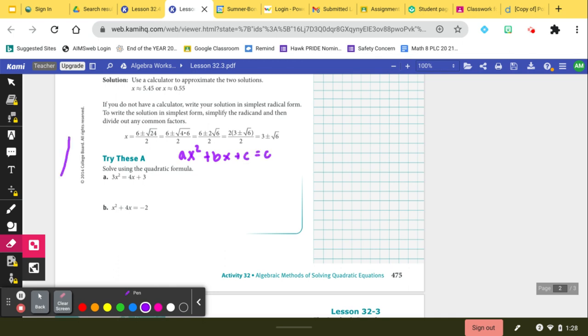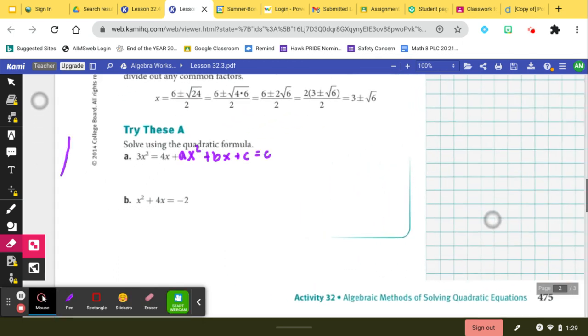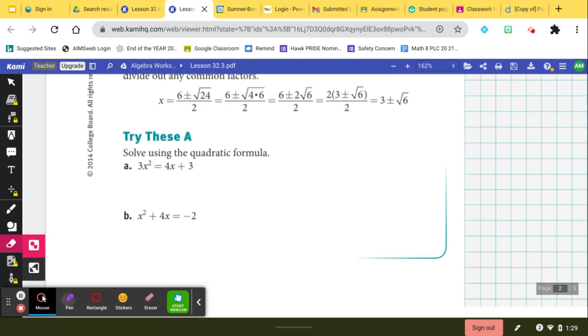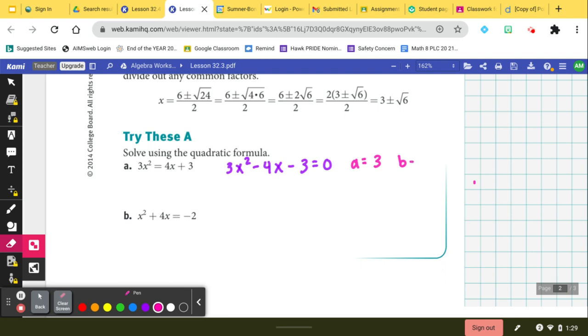So that means we need to move the 4x plus 3 to the other side. So we're going to subtract 4x plus 3 from both sides. That gives me 3x squared minus 4x minus 3 equaling 0. So now identifying a, b, and c: a is 3, b is negative 4, and c is negative 3.